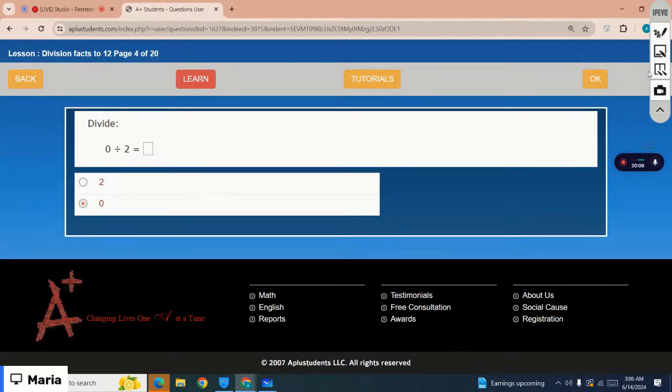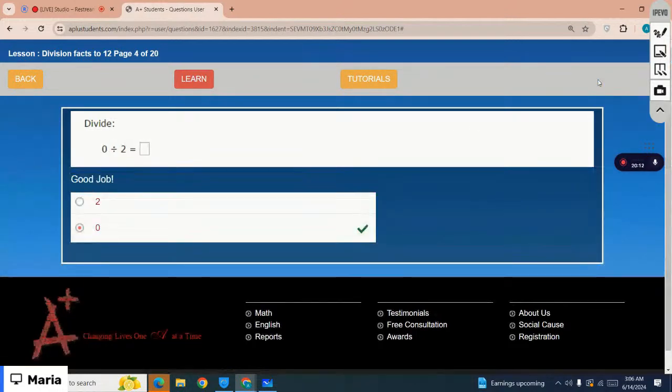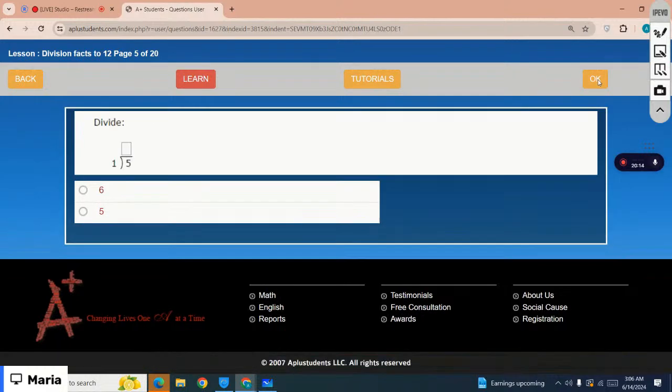The correct option is 0. Next, 5 divided by 1. 1 times any number is the same number, right? So 1 times 5 is 5. The correct option is 5.